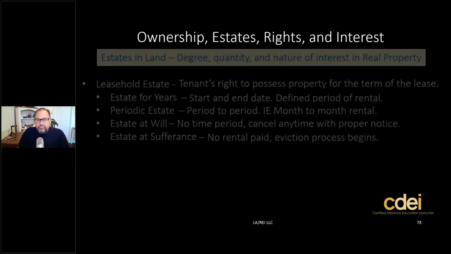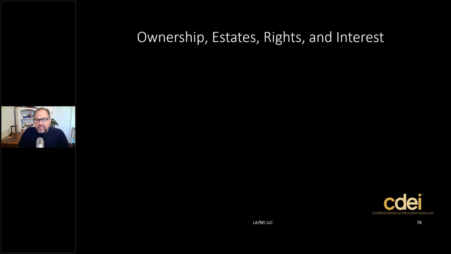Now, let's move on and look at types of leases. Okay, those were the types of leasehold estates, the principles behind leasehold estates. Now let's look at some types of leases we can write up for tenants to stay. The first one's a gross lease.